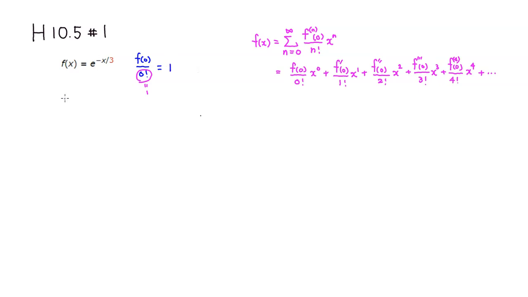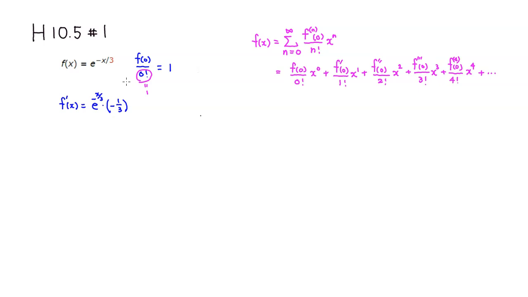And then we look at the first derivative, f prime of x. You have e to the negative x over 3, but you would have to multiply by the derivative of the inside function. The derivative of negative x over 3 is negative 1 over 3, just using the chain rule with the exponential rule.